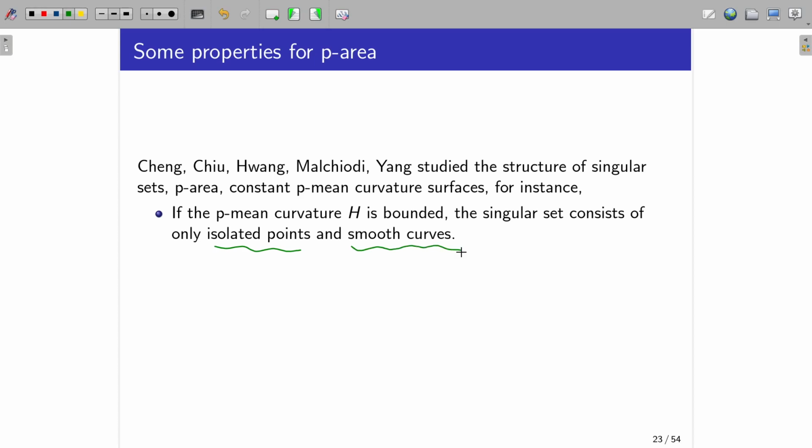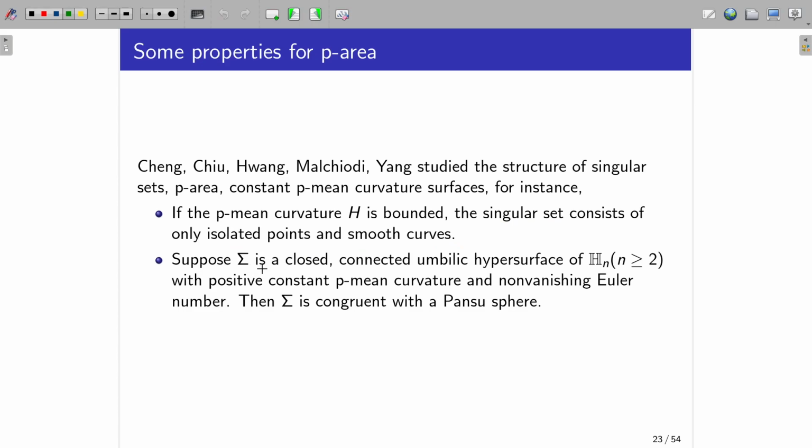This is very useful because if the assumption holds, then the singular set has measure 0 if we take the p-area as a measure, because it's just a set of isolated points and smooth curves.